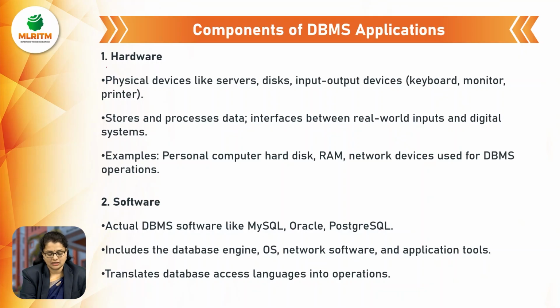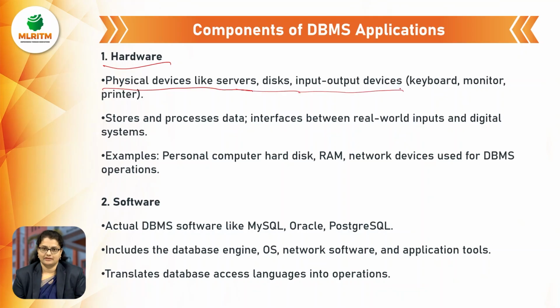The first one is hardware. Hardware is nothing but, as we know, a physical device like servers, disks, and input-output devices. Input-output devices, as we know, are keyboard, monitor, printer.